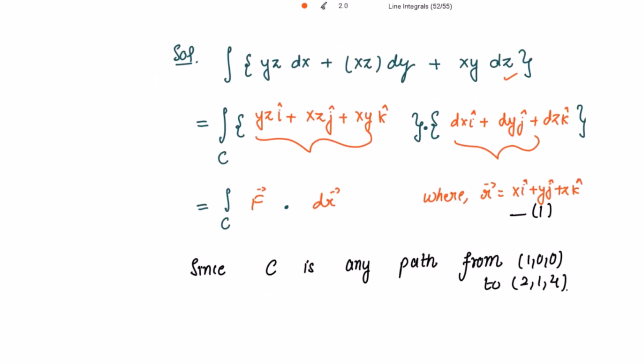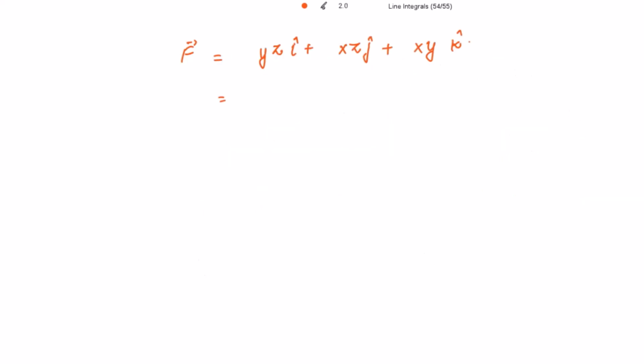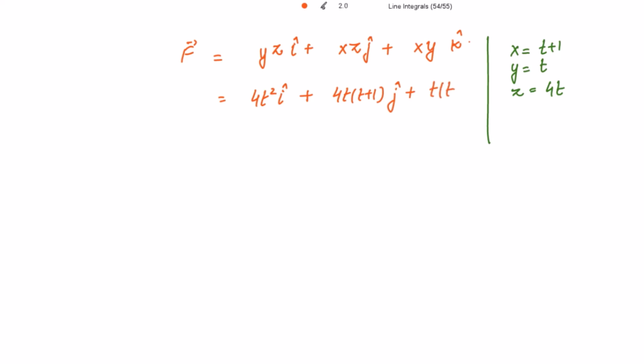Right? What is our F vector, which we have found? It is yz i cap plus xz j cap plus xy k cap. Writing also this F vector in terms of t, the product yz is 4t square, plus the product xz becomes 4t into (t plus 1), and the product xy is t into (t plus 1), right?